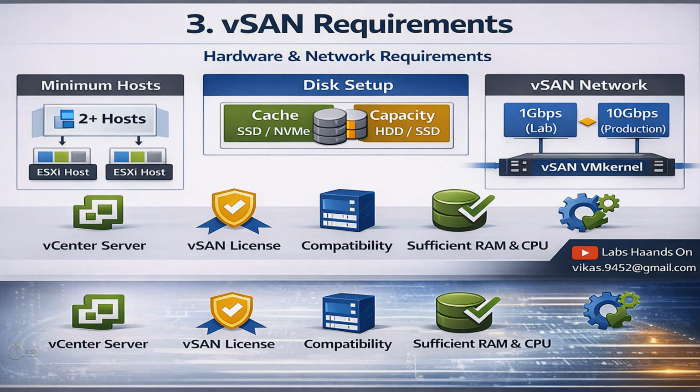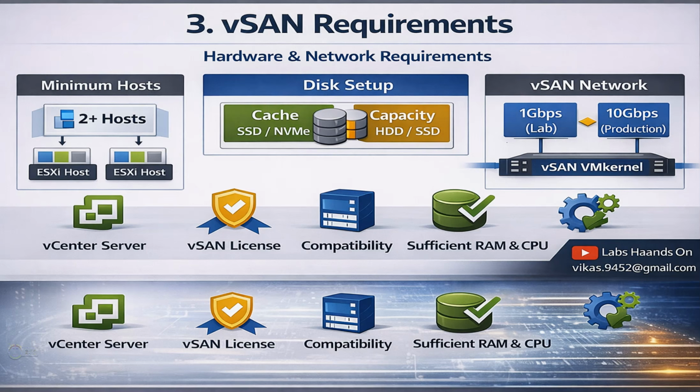So now let's understand the vSAN requirements. This is a very important thing. Before we build a lab, let's understand the requirements. Hardware requirement: minimum 2 hosts, recommended 3 or more hosts in a vSAN cluster. But with a minimum of 2 you can create one, and SSD or NVMe for cache, hard disk or SSD for the capacity disk. A minimum of 1 gig you can use for the vSAN traffic, but in the production environment it is always recommended to use 10 gig or 25 gig for better performance.